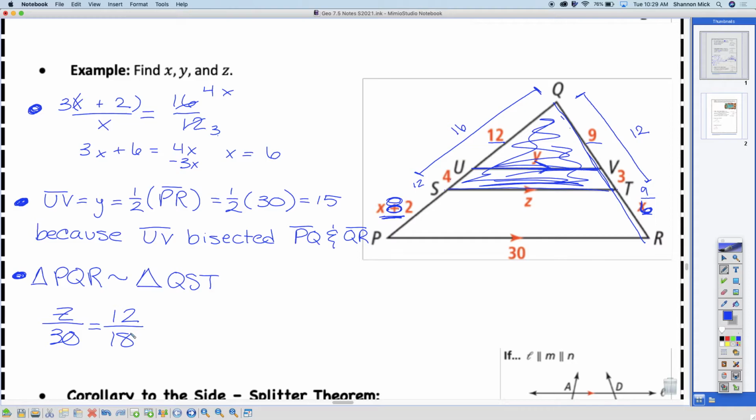Okay, so you guys want to reduce 12 and 18 before we go further? Yeah. 2 and 3? It's nice when that happens, right? Times 30. 3 goes in 30 how many times? 10. So Z is what? 20.